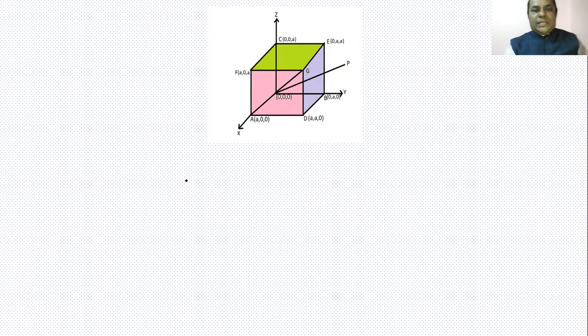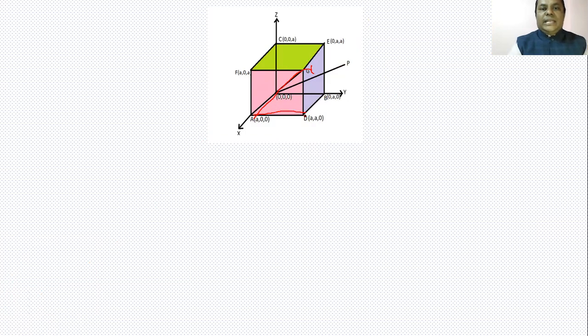So here basically what you have to get first of all is the directional cosine of OG. It means how do you get the coordinate of G? To get the coordinate of G, from here this is A unit. From here to here, this is also A unit. Why?